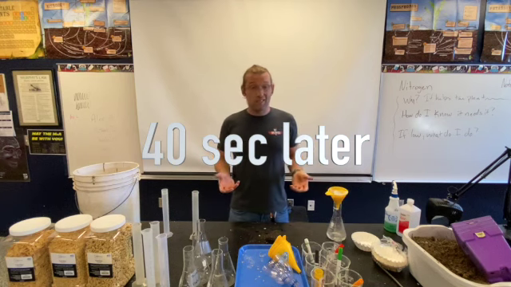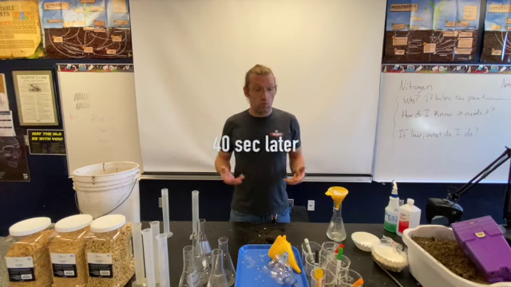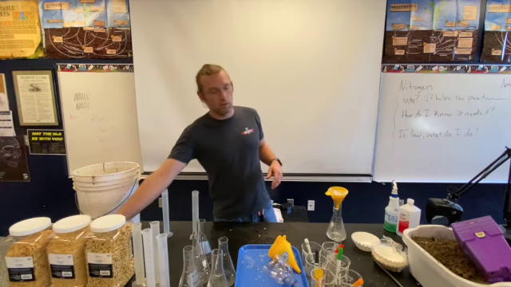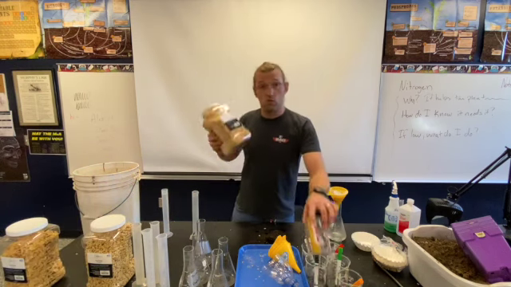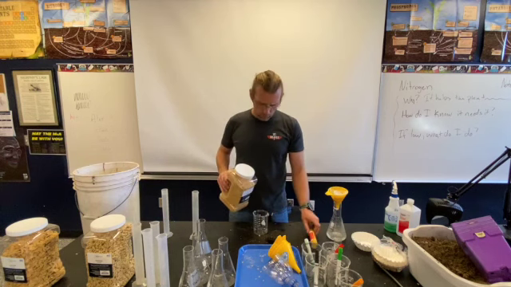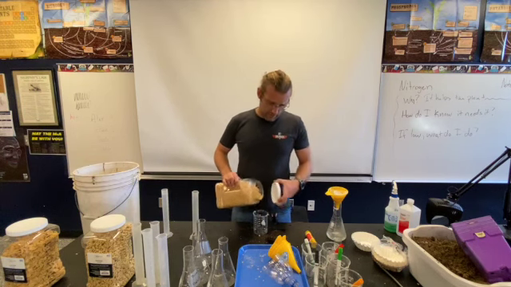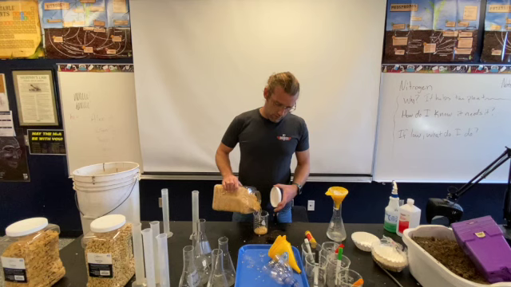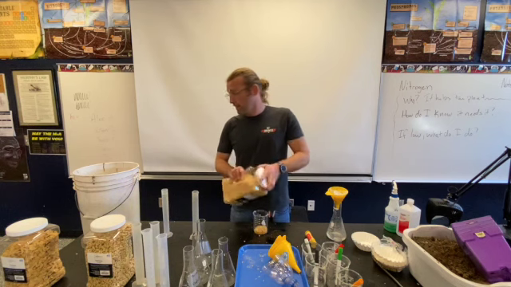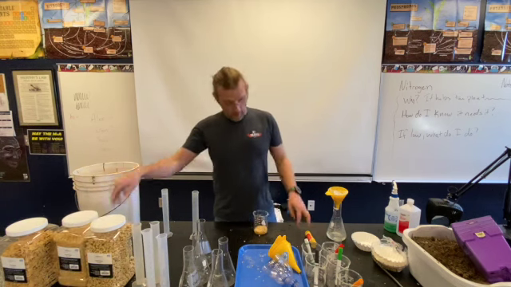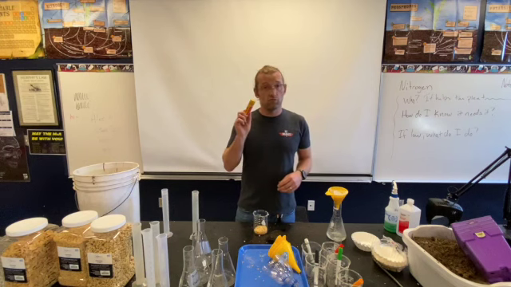Well, if I wanted to simulate tillage, like what would happen if I actually tilled up the soil, what I need to do is destroy these aggregates. So I'll add my soil aggregate here, and then I'm going to pulverize it just like I would with a tiller.